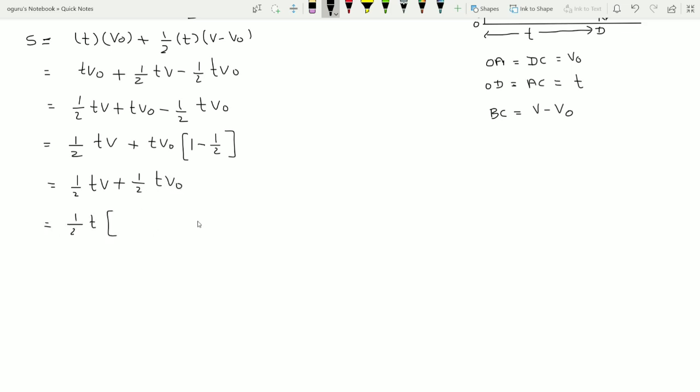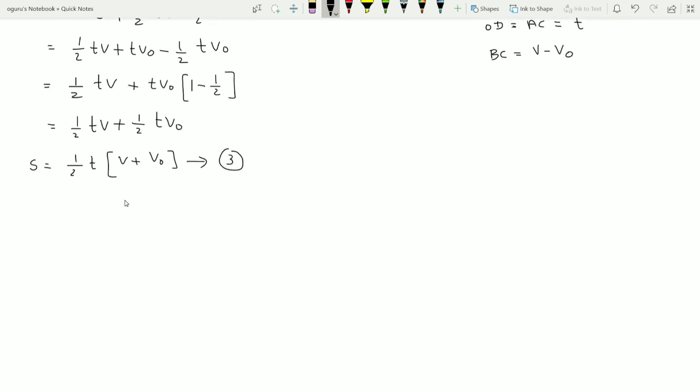From these two terms you can take half into T common, so from the first term we are left with V plus, from the second term we are left with V naught. This is the displacement S. Let it be equation number 3.